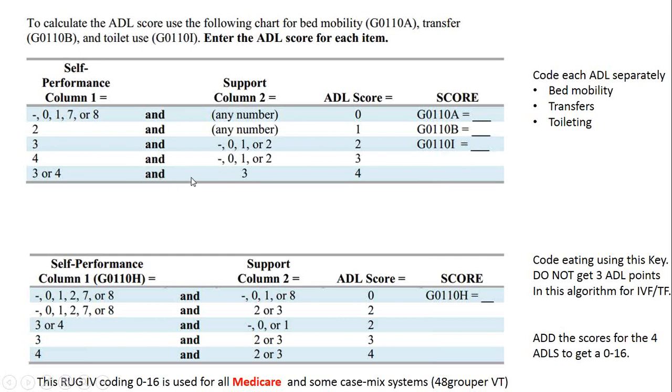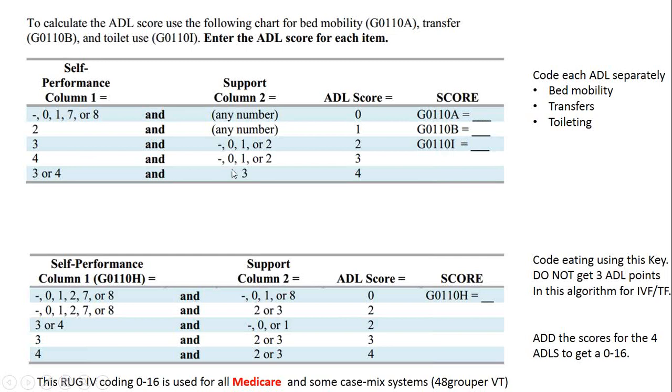If somebody's a total and they're using 1 person assist, they're going to get 3 points. When you get up to whether they're extensive or total and they use 2 people, which is a 3, you get 4 points. All right, so whether somebody is limited assist, a 2, doesn't matter how many people help, you're getting 1 point. Extensive assist, up to assist of 1, you're going to get 2 points.